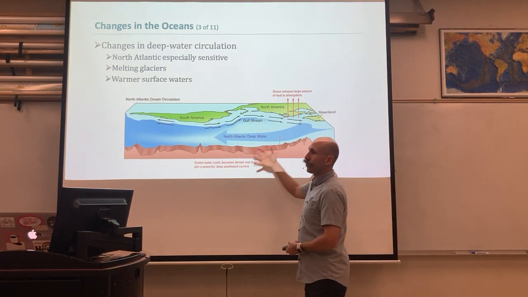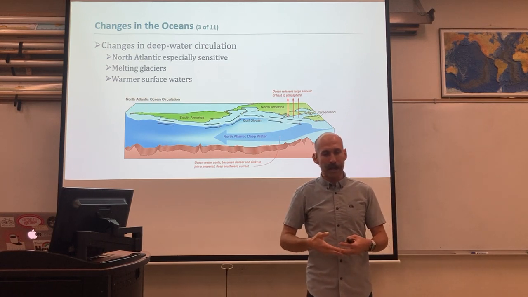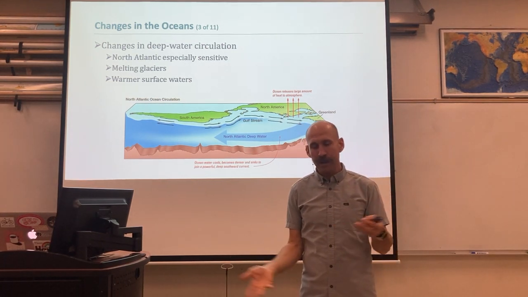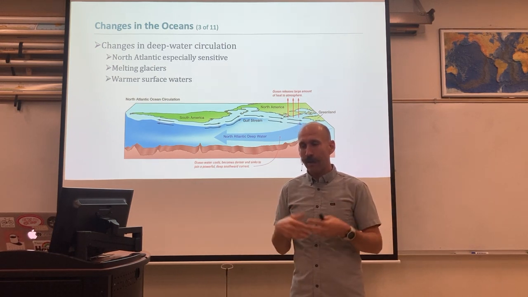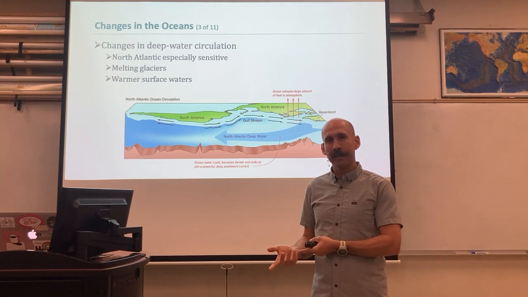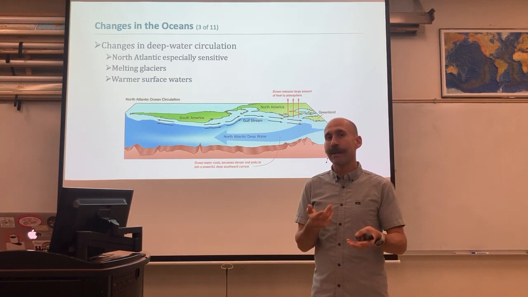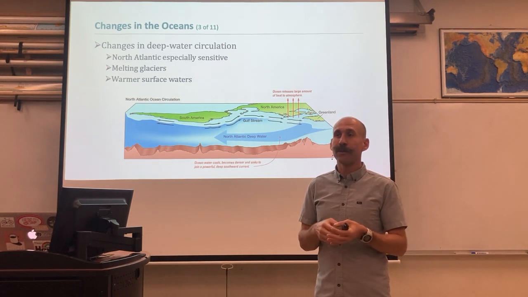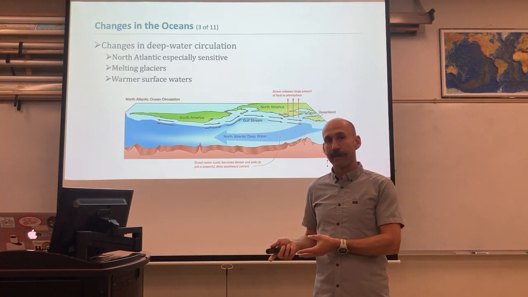Deep water circulation. So thermohaline circulation is how water moves around the ocean on the surface and in deep ocean currents, and it's very connected. When you have inputs of fresh water from melting ice caps, it changes the salinity of the ocean. When you have salinity differences, it's going to affect where you have upwelling and downwelling.